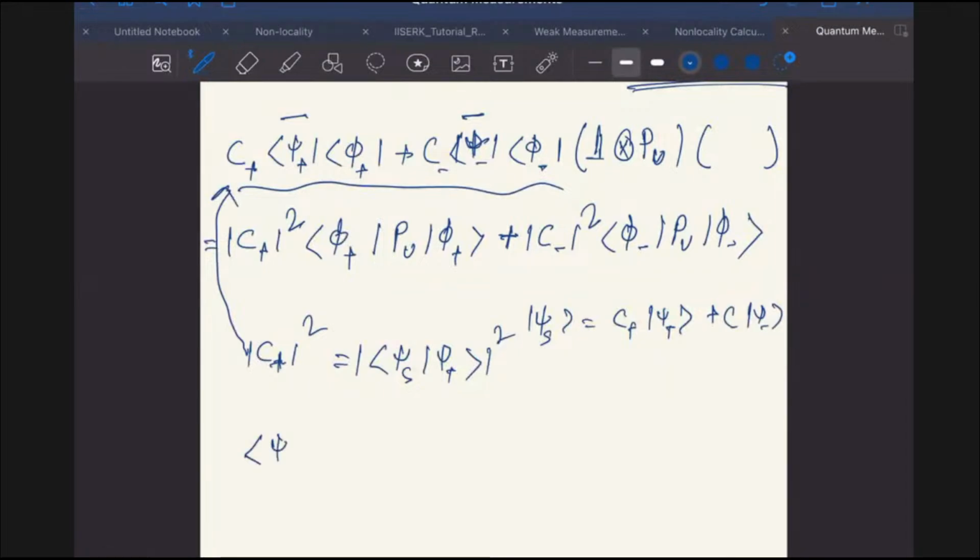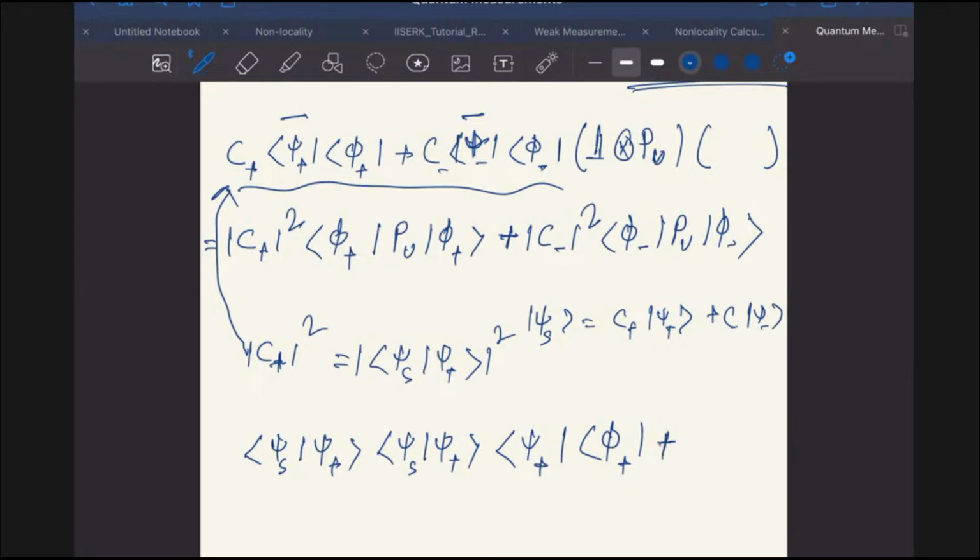So this will become psi s psi plus. Let me write it twice instead of the square, which will be helpful for the calculation. Then psi plus phi plus, then plus C minus.